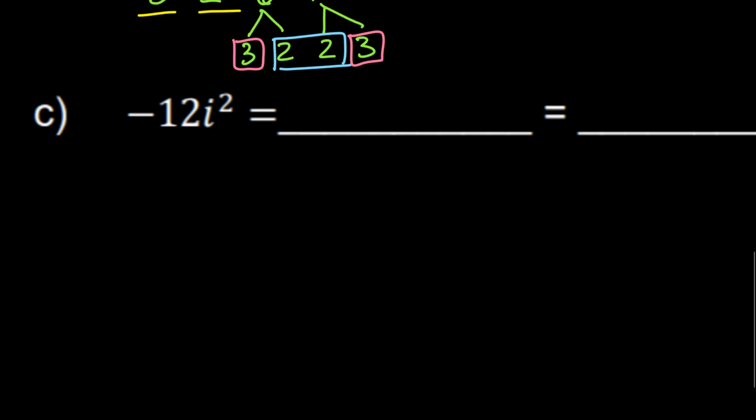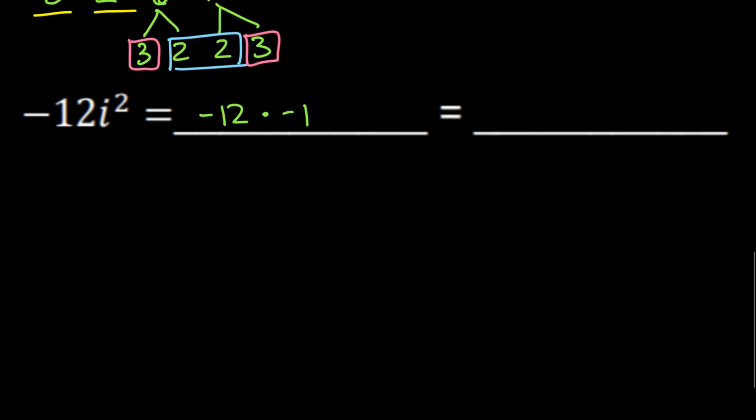Yeah, the square of i is negative 1, right? The square root of negative 1 times the square root of negative 1 is just negative 1. So this is now negative 12 times what? Negative 1. What is 12 times negative 1? I'm sorry, negative 12 times negative 1 is done.